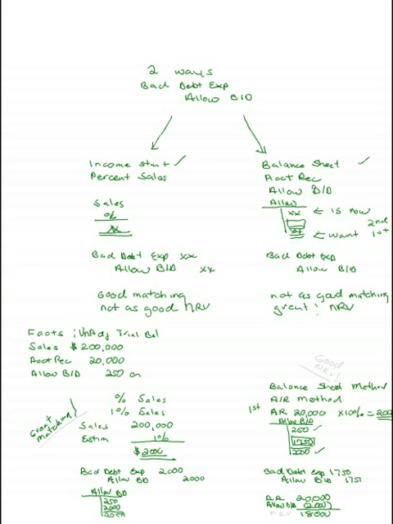Our net realizable value is perfect. That's what we expect to collect. So, although the percentage sales method is really good at matching, this method is really good at estimating net realizable value. It focuses on the balance sheet, hence the name balance sheet method.